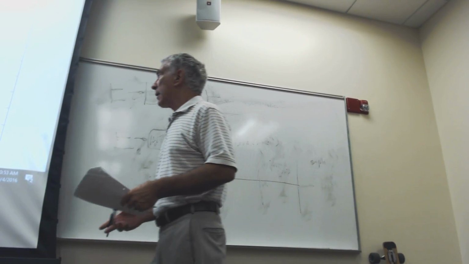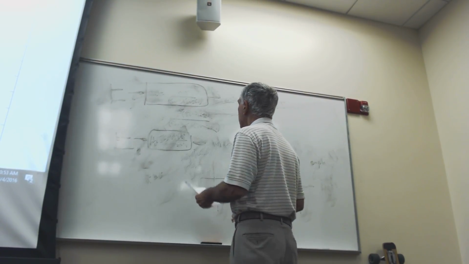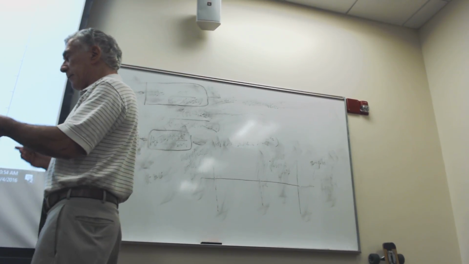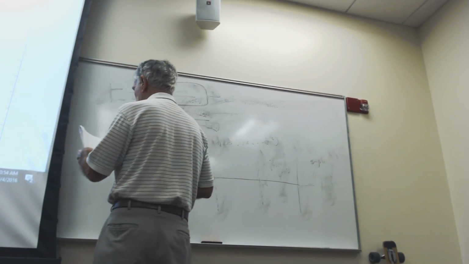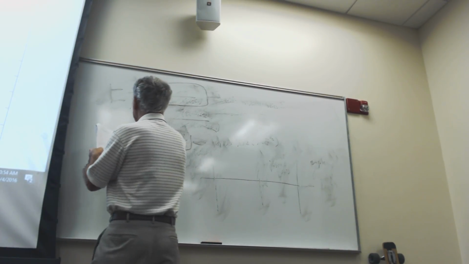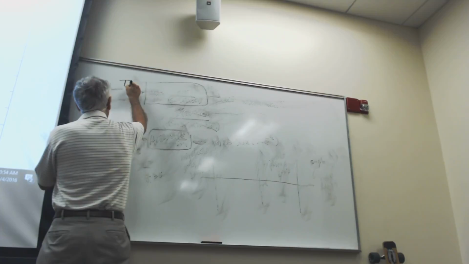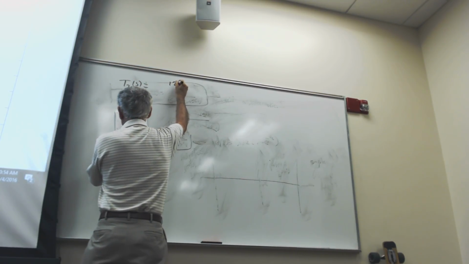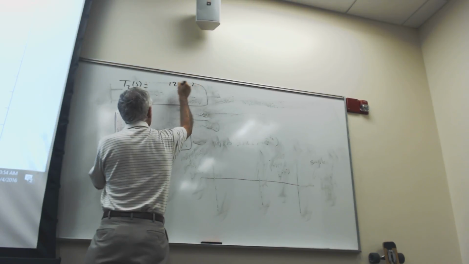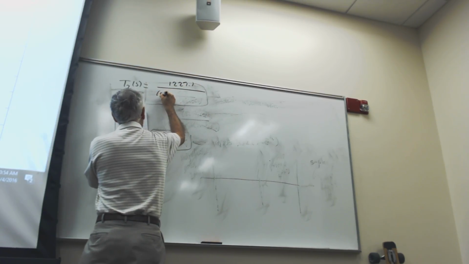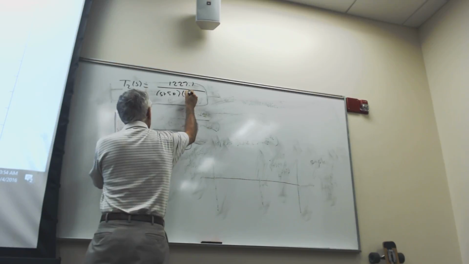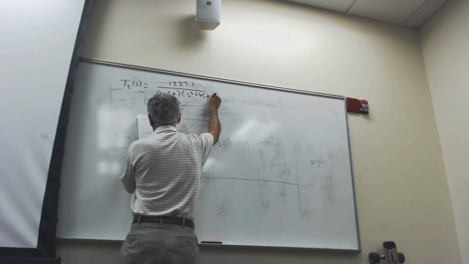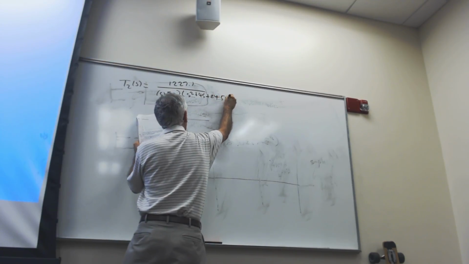So the next example, what we have is three transfer functions. I called it T2 of S equals 1227.1 over S plus 50, and then a quadratic factor, S squared plus 4S plus 24.54.